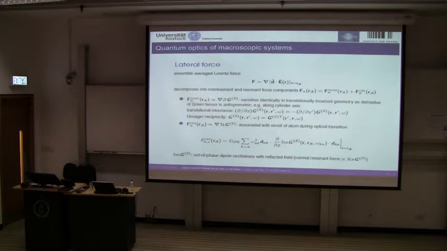So, what about the natural force? This is just a few formulas; I'll go through them. What we look at is, of course, the ensemble average Lorentz force, the gradient of the expectation value of E dot E, which, as usual, we decompose into two different components, what we call the non-resonant and the resonant force components.